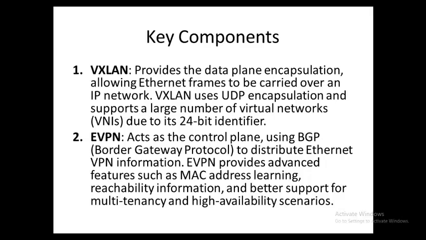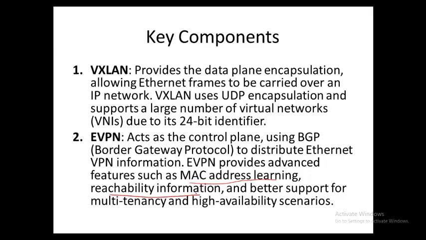The reachability information is nothing but the VTEP IP address: for this MAC address, to which tunnel endpoint I have to go, and what is the IP address of that tunnel endpoint. That is the reachability information.